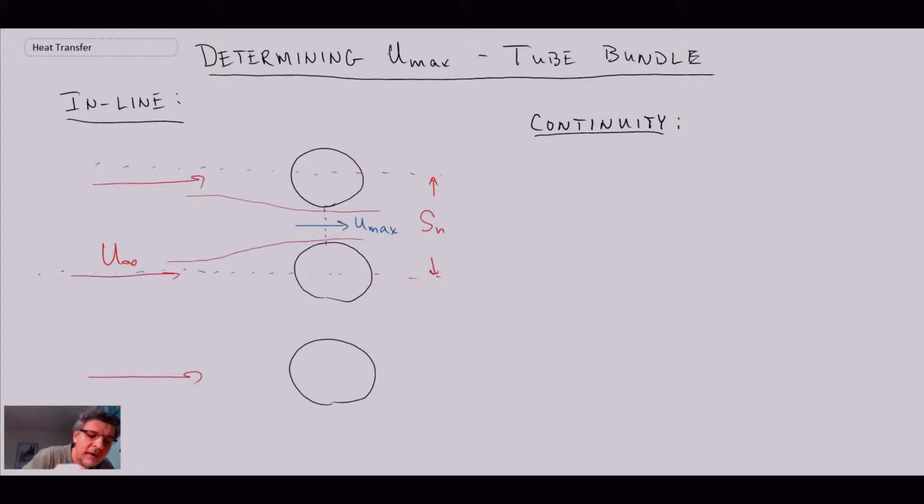And on the inlet, these are all at U free stream. So coming in, what we have is the density multiplied by the free stream velocity. Sn is our spacing, and we're going to assume unit width.